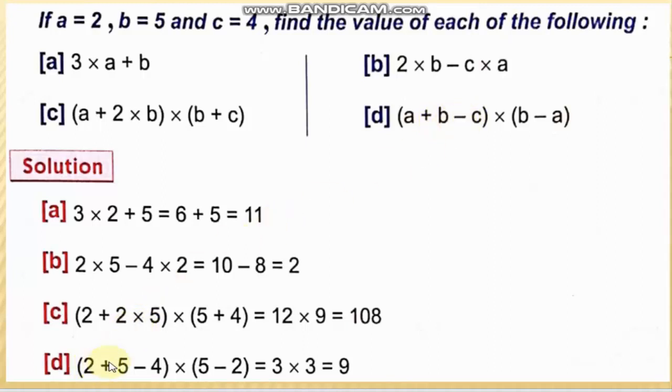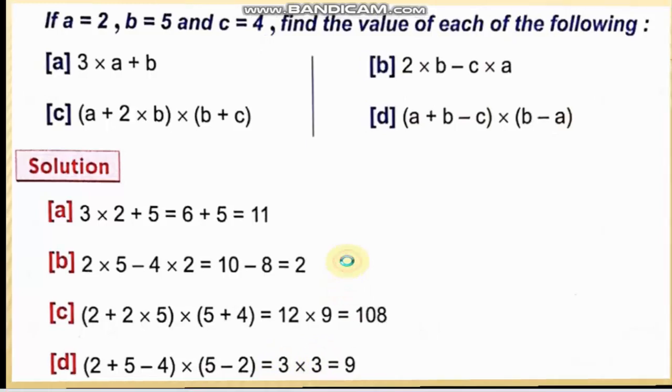So 2 plus 5 minus 4, and here the sign times. The value of b is 5, minus the value of a, which is 2. So 2 plus 5 is 7. 7 minus 4 equals 3, times 5 minus 2 equals 3. 3 times 3 equals 9.